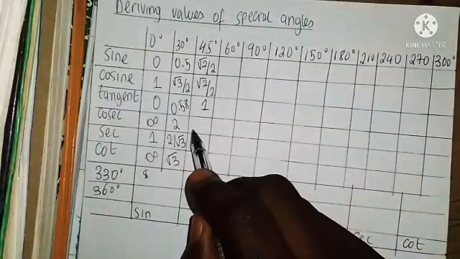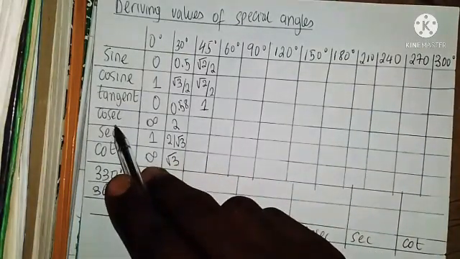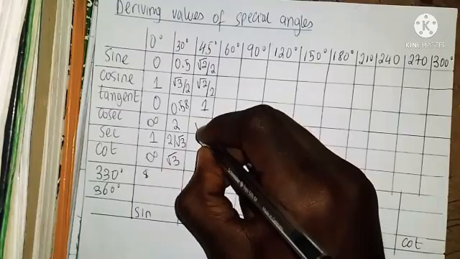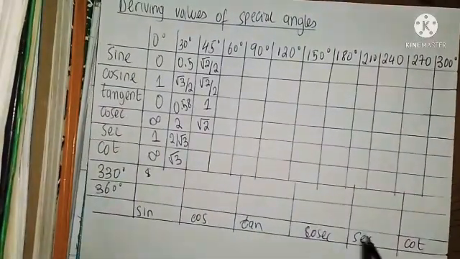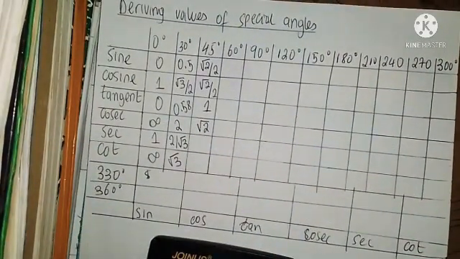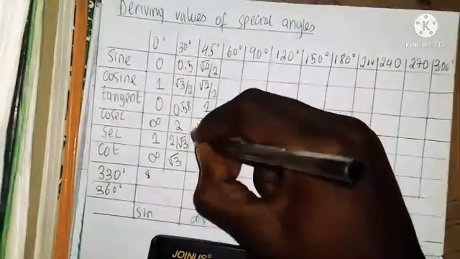So cosecant of 45 is going to be equal to root 2. Do you know why? Well, before rationalizing, the value of sine of 45 is 1 divided by root 2. So 1 divided by 1 over root 2 will end up giving us root 2. And the same goes for sec 45, we get root 2.